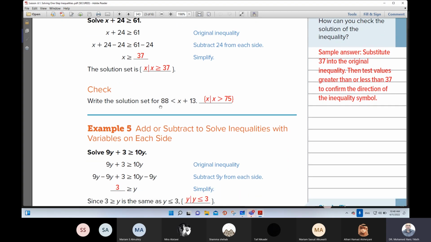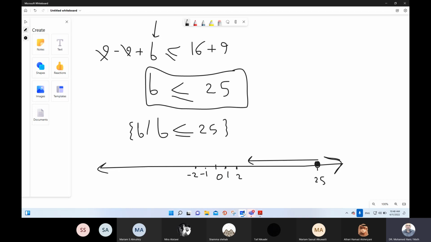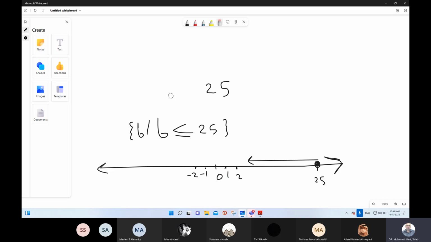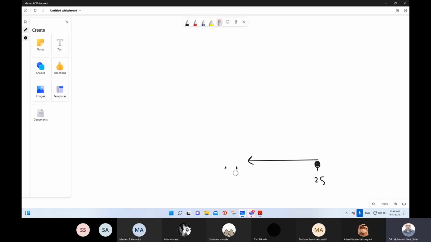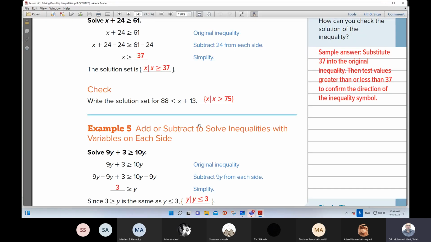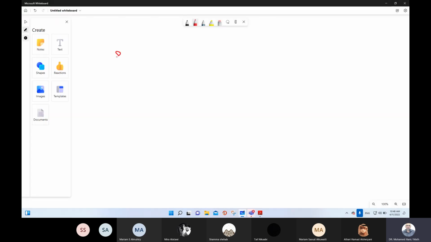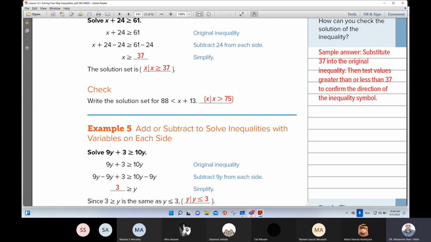For example, to solve this inequality, we have here 88 less than x plus 13.